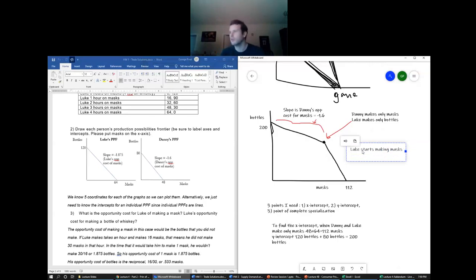Okay. So when Luke makes masks, he gives up a certain number of bottles. So the slope here is Luke's opportunity cost for masks.